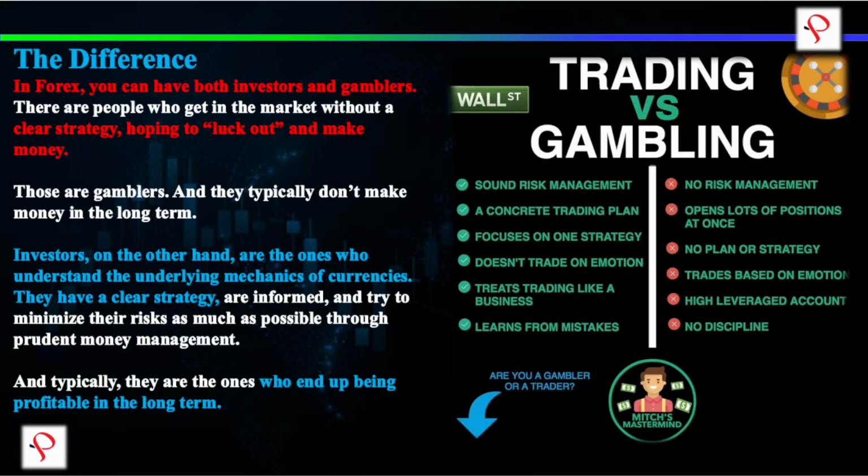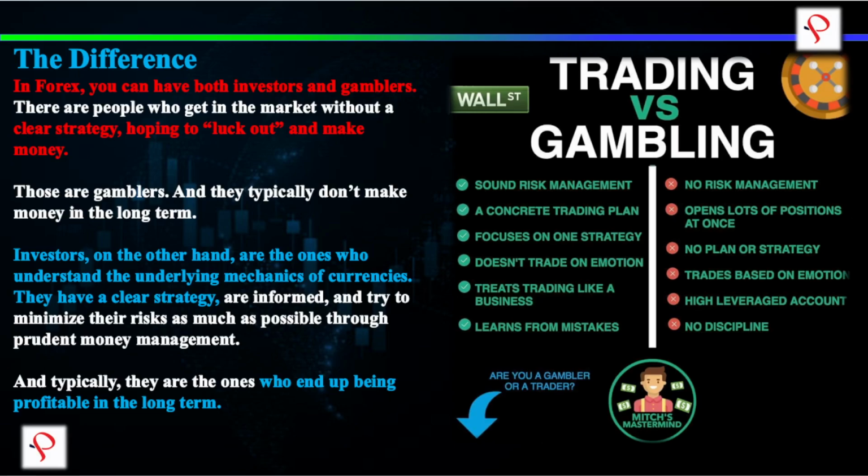They have a clear strategy, they are informed, and they always try to minimize their risks as much as possible through prudent money management. And typically, they are the ones who end up being profitable in the long term. So you can see the clear difference here.